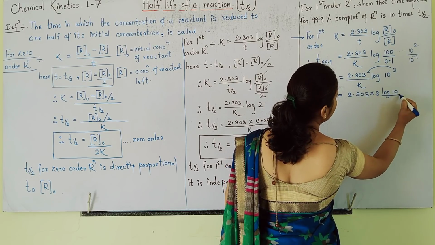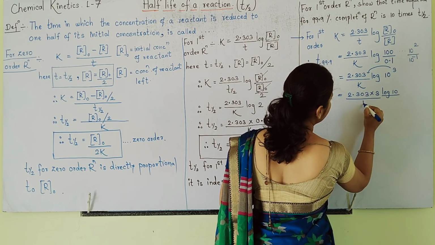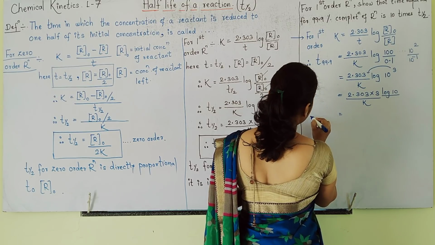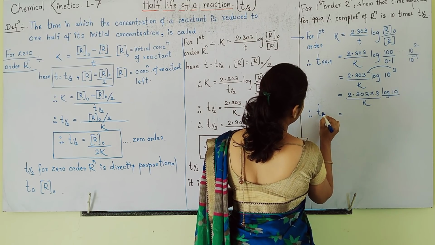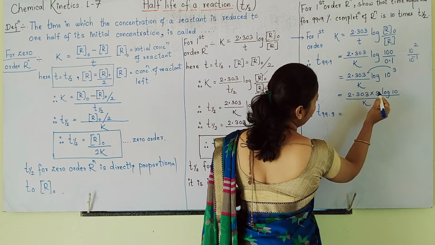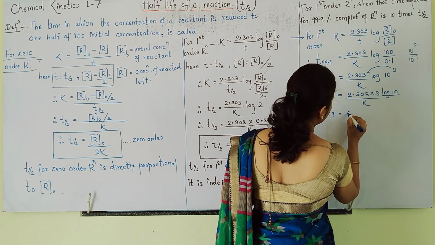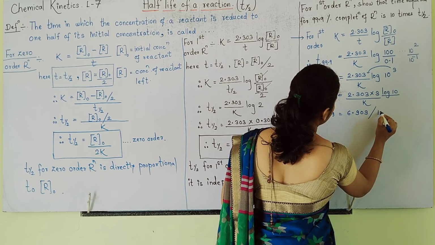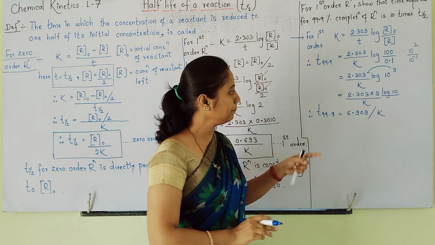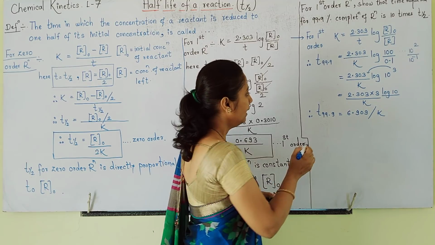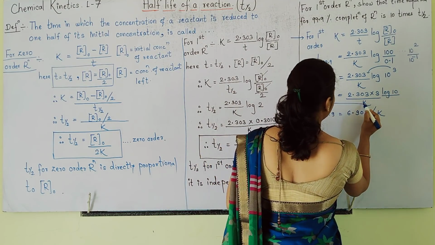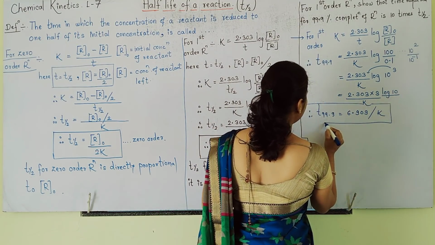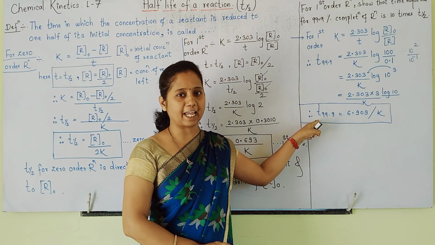You know that log 10 is always 1, so the answer is 2.303 by K multiplied by 3. This is the time required for 99.9% completion of the reaction.